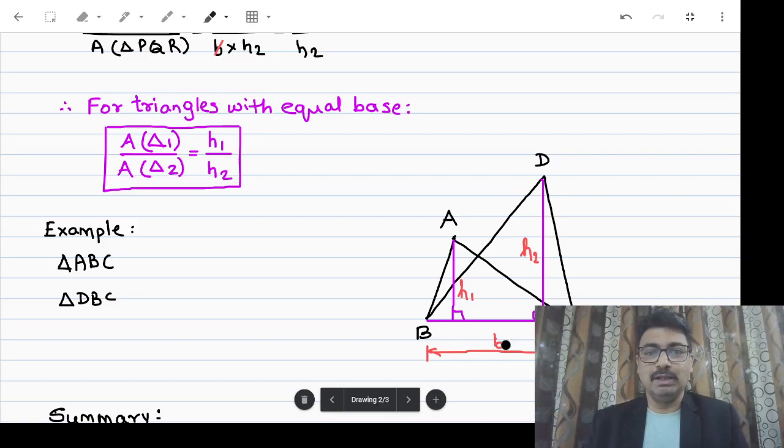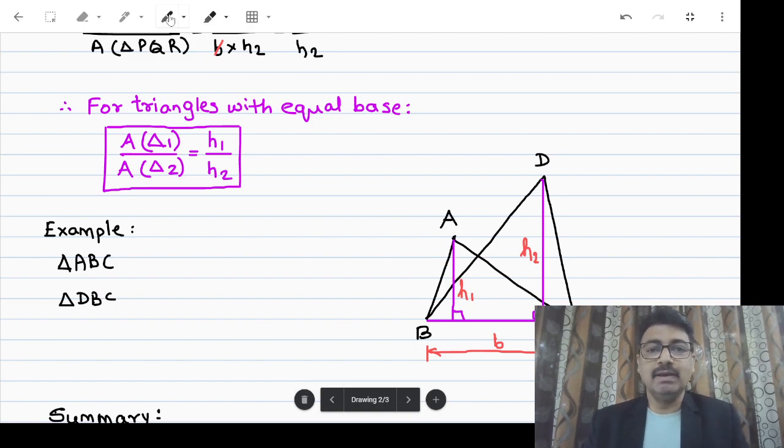And what have we learned about triangles with equal bases? The ratio of areas is equal to the ratio of their heights. So the ratio of the area of ABC upon the area of DBC will be the ratio of their heights, which in this case are H1 and H2.